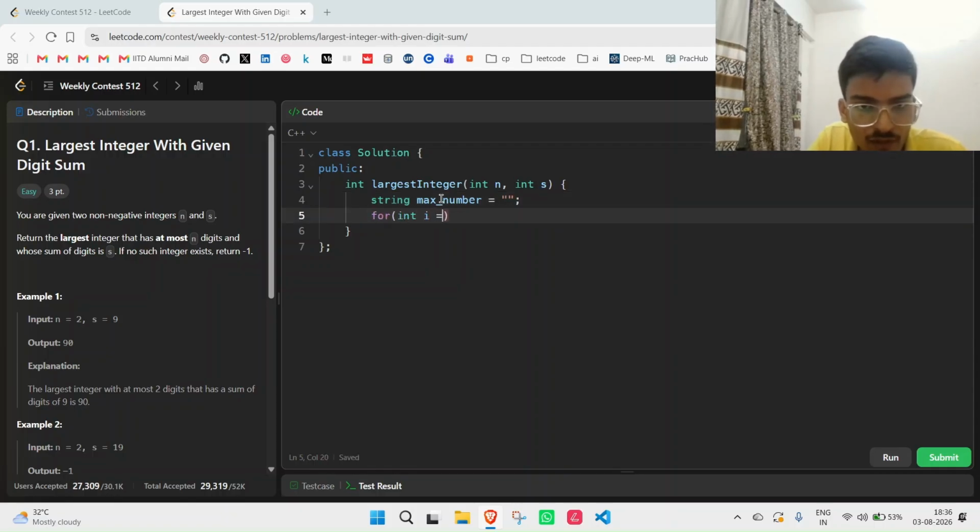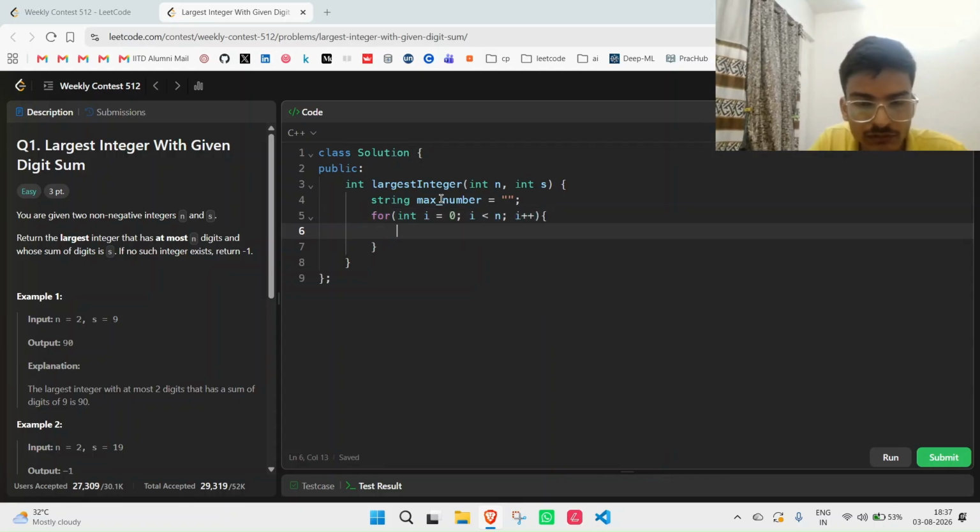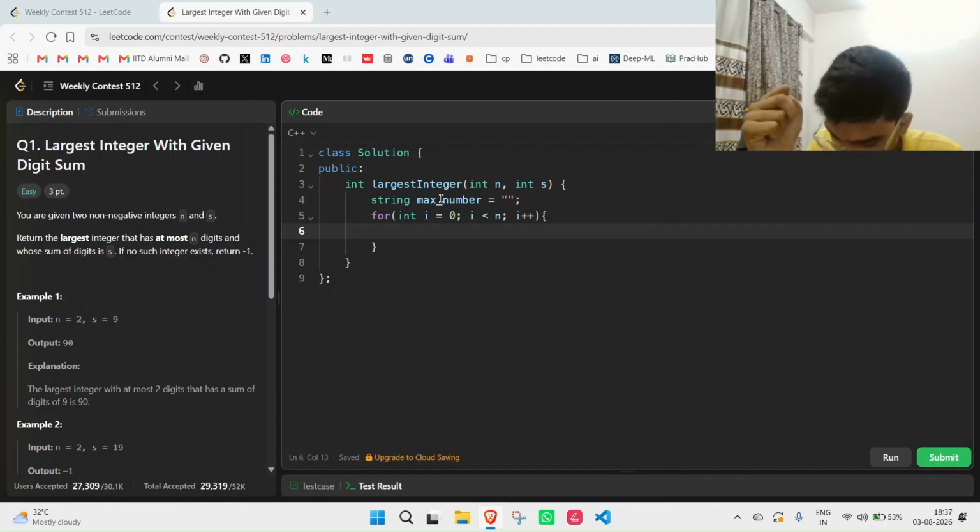Then for i equal to 0, i less than n, i plus plus. We have to find the largest digit, which is 9, if sum is less than 9, or with 9.